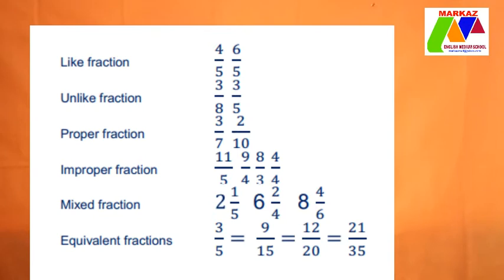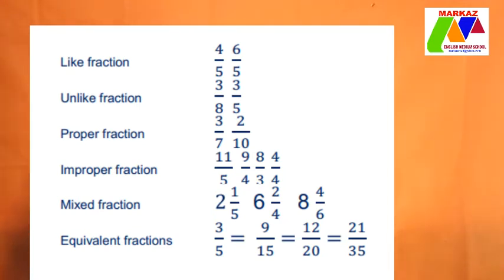Last one, equivalent fraction. Fractions obtained by multiplying both the numerator and denominator of the given fraction by the same number are known as equivalent fractions. 3 by 5 is equal to 9 by 15. 9 by 15 is equal to 12 by 20. 12 by 20 is equal to 21 by 35.